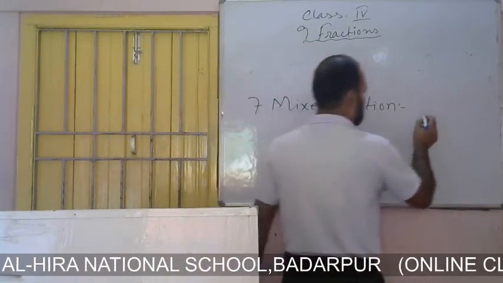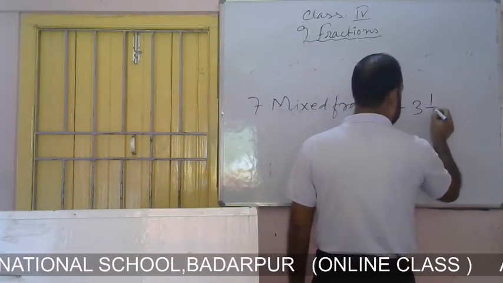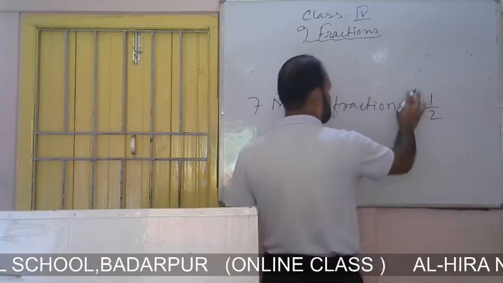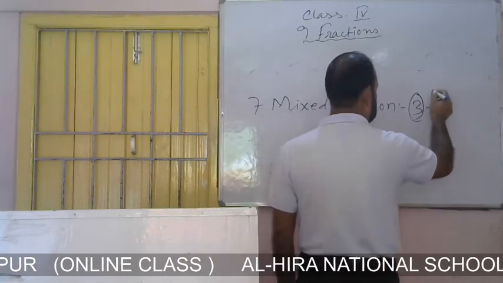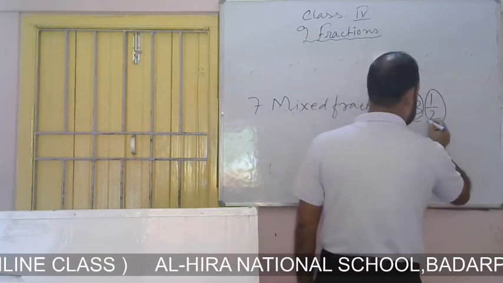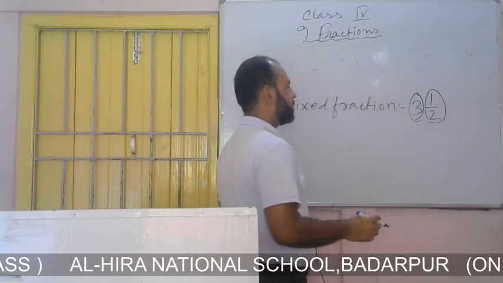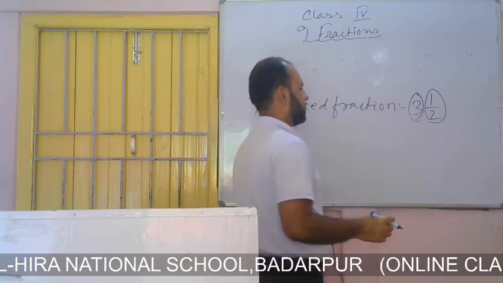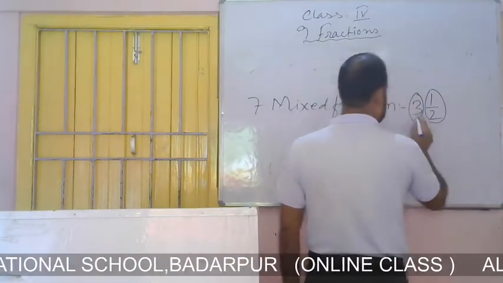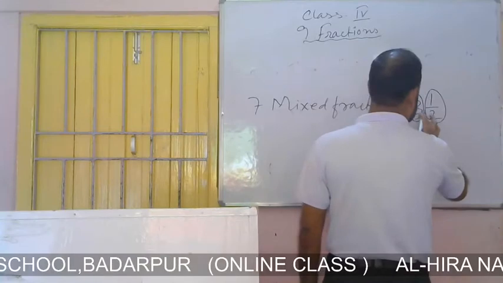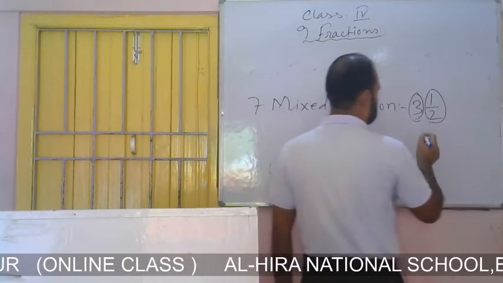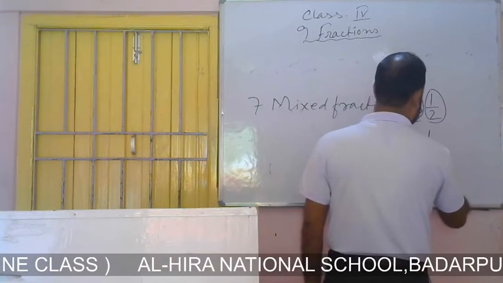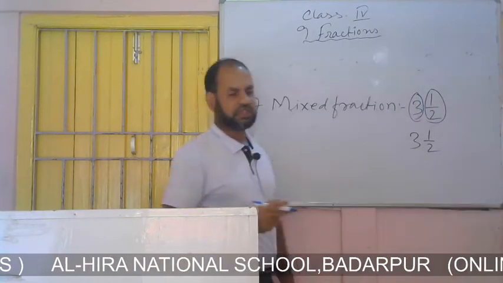Suppose 3 1 by 2. Here 3 is a whole number and 1 by 2 is a proper fraction. So whole number and proper fraction both are there, so this fraction, 3 1 by 2, is a mixed fraction.